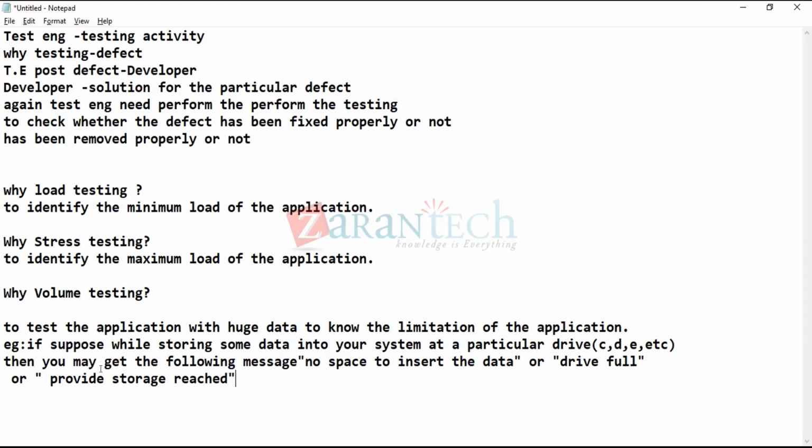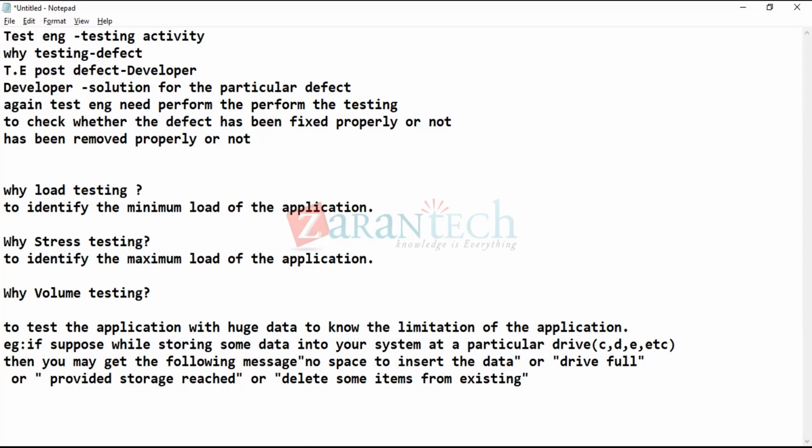Provided storage reach, or delete some items from the existing, like this. You may get these particular messages, right?